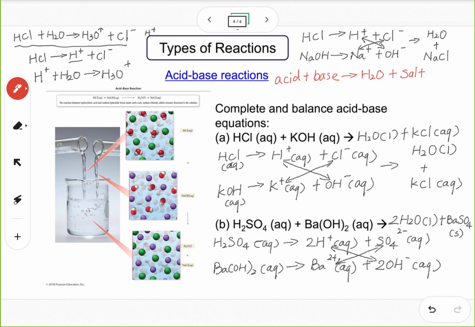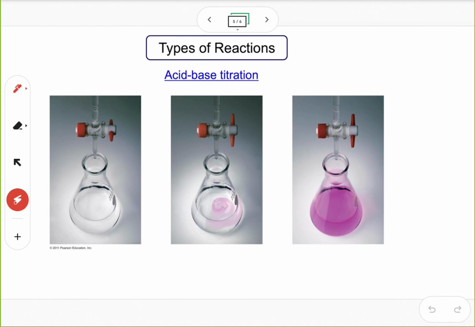This is the general equation. Of course, pay attention to the coefficients regarding hydroxide and proton. The coefficient of water could be different for different reactions. All right, this is the reaction between the acid and base.